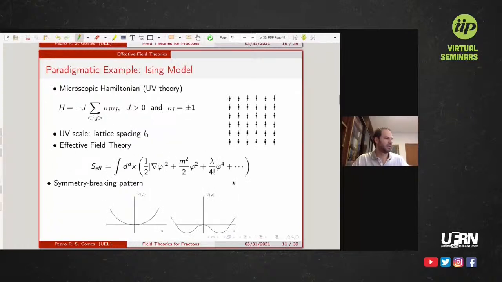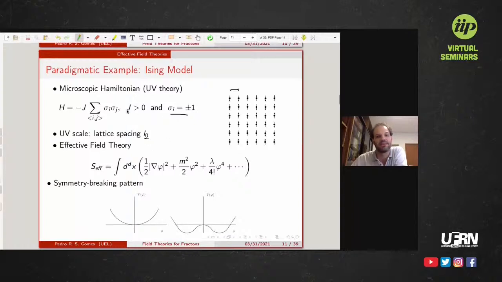So let's discuss an example. A very famous one is the Ising model. Consider, for example, two dimensions, a square lattice, and we attach to each site some discrete variables that can assume plus or minus 1. And the Hamiltonian involves the sum over first neighbors, right? The UV scale here is essentially the lattice spacing, L0.